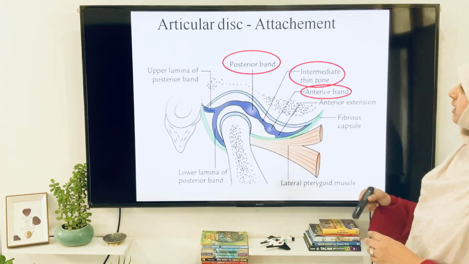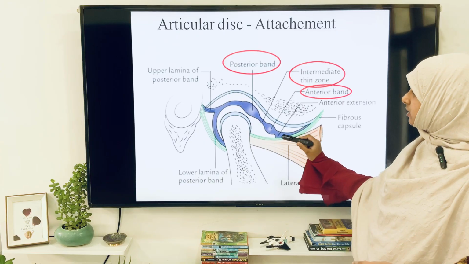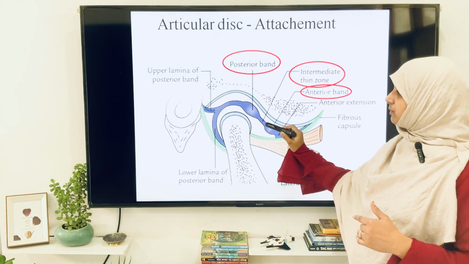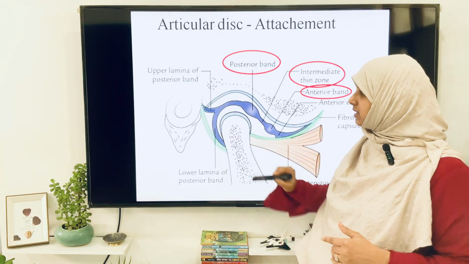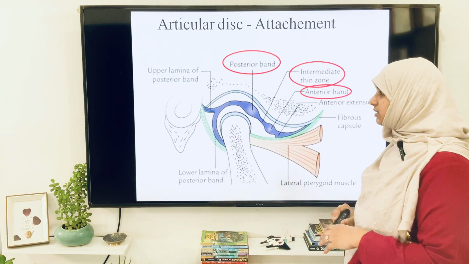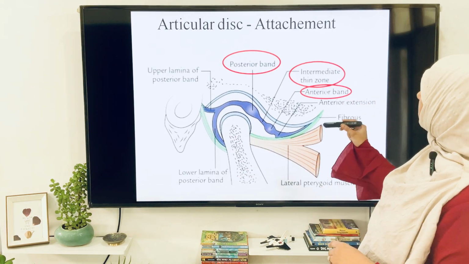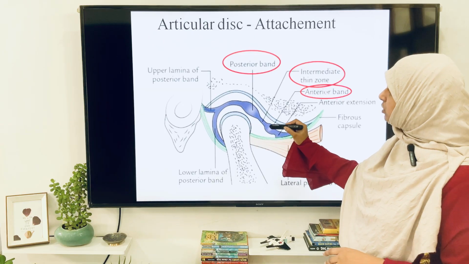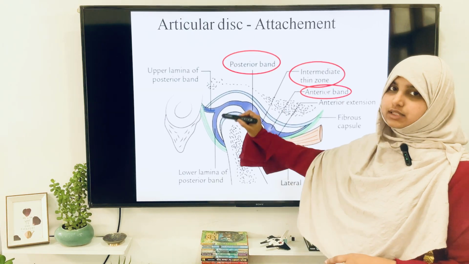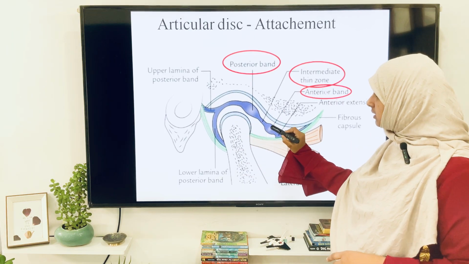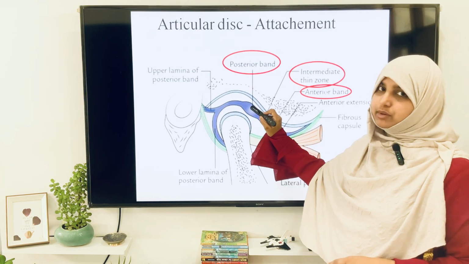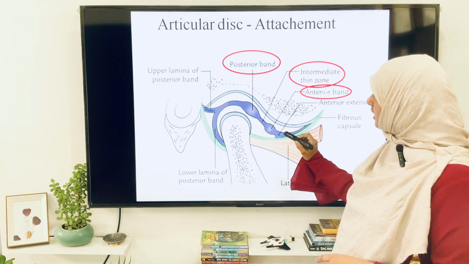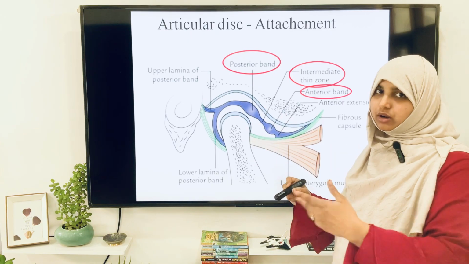Here you can see anteriorly it is attached to this fibrous capsule, and posteriorly it is splitting into two lamina, and again it is inserting into the fibrous capsule. And here we can see there are going to be two thickenings along this disc. Number one, this is called the anterior band, and this is called the posterior band, and the regions in between them are named accordingly.